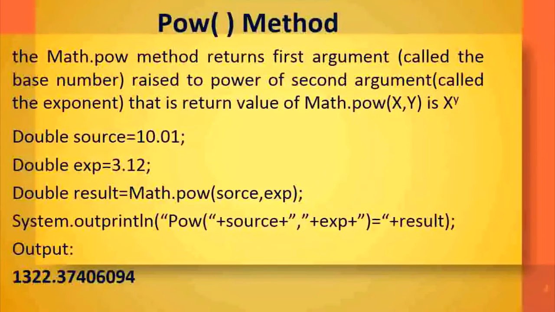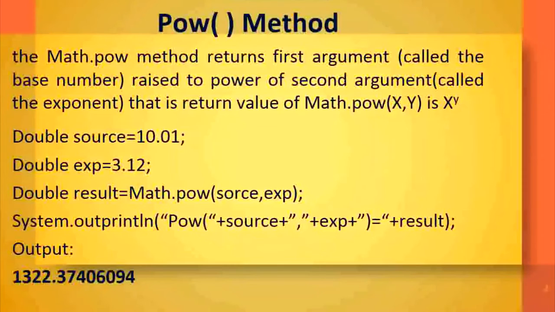The Math.pow method returns the first argument, that is called the base number, raised to the power of the second argument, that is called the exponent. That is, the return value of Math.pow(x, y) is x to the power of y.